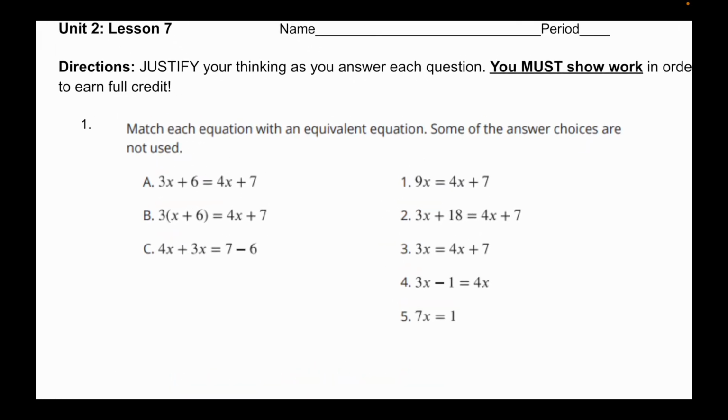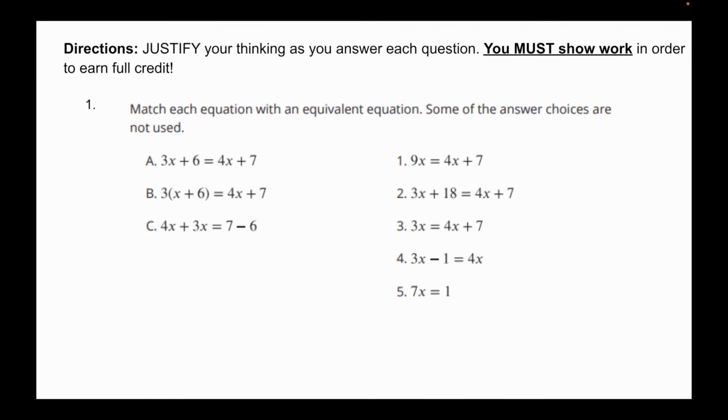The first question here is to match each equation with an equivalent equation, and some answer choices will not be used. So we are going to use A, B, and C, but 1, 2, 3, 4, and 5 may not be used. Now, an equivalent equation, just to remind you, is one that has the same solution.